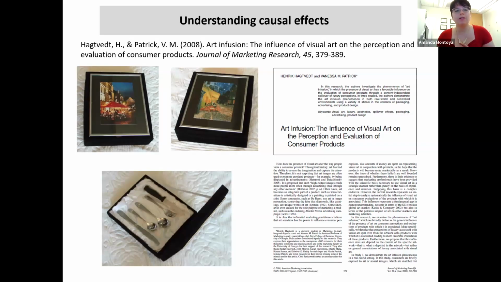And the silverware was either packaged with a picture of a cafe scene, which is on the left, or a painting of a cafe scene, which is on the right. And then they were interested in the consumer's evaluation of the silverware.